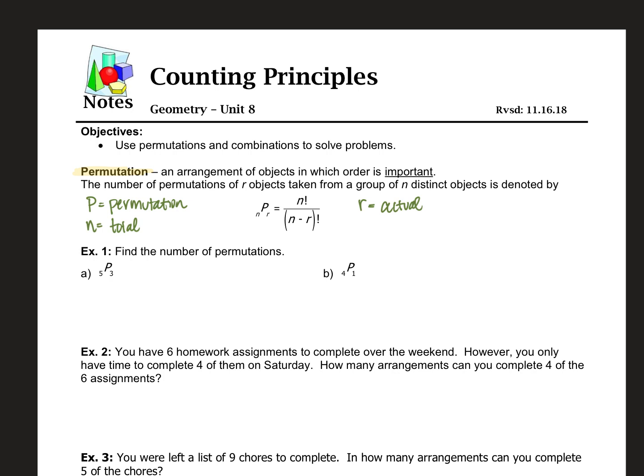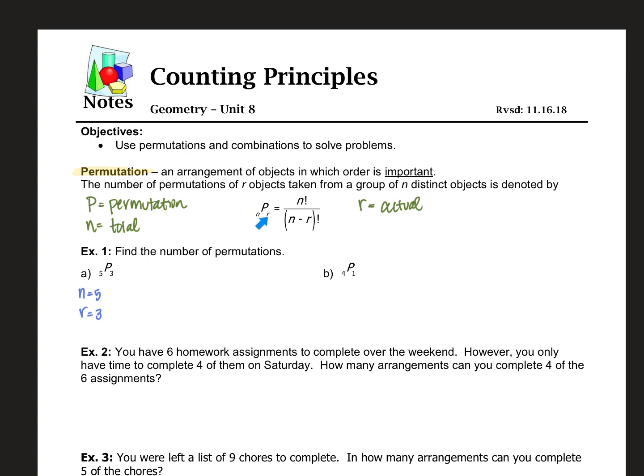So in example 1, they want us to find the number of permutations. So what they want us to do is utilize this formula up here to find the number of permutations needed. Looking at our template, our formula and our setup here, we can say that our n is 5 and our r is 3.